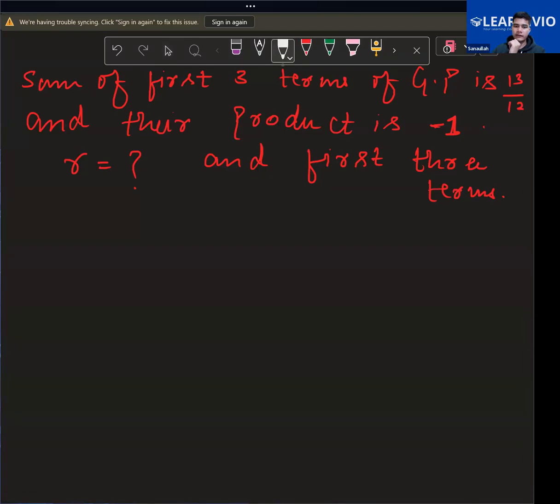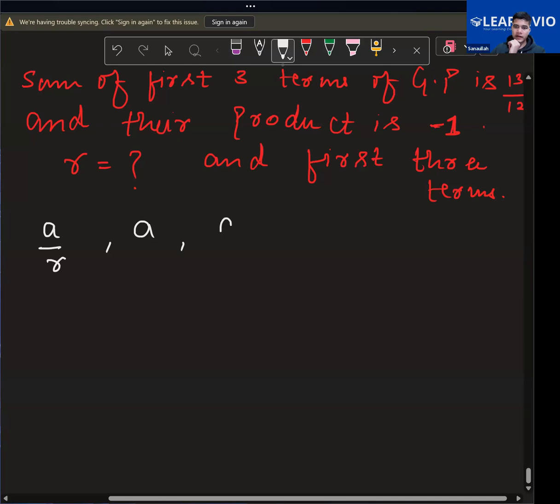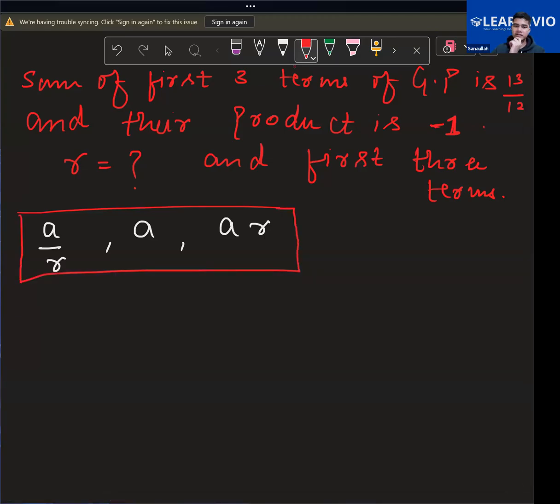Whenever a GP is given, you have to consider the terms as A by R, A and AR. You have to write a line that let's consider the first three terms of a geometric progression as A by R, A and AR. That is okay. Yes, sir.